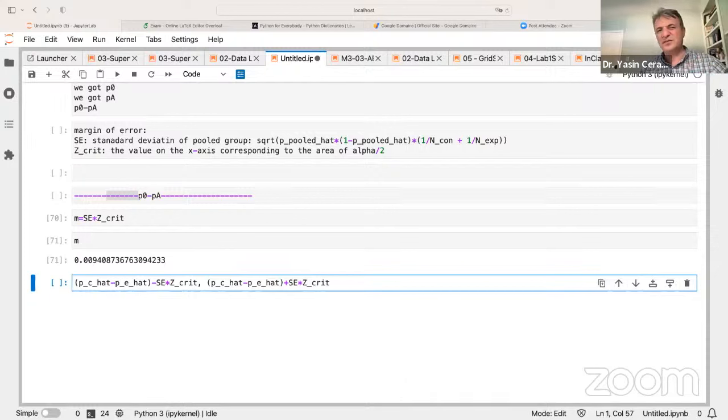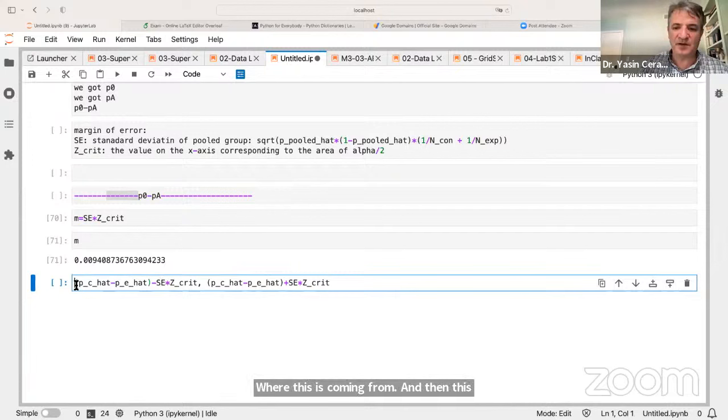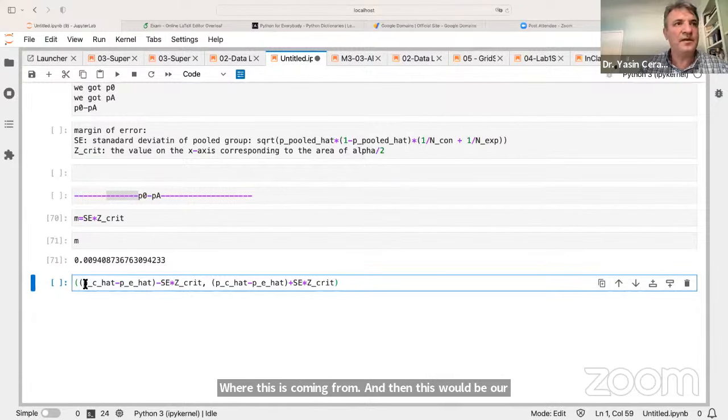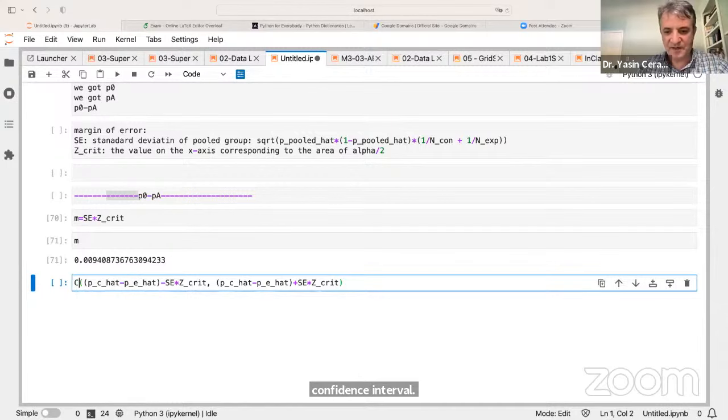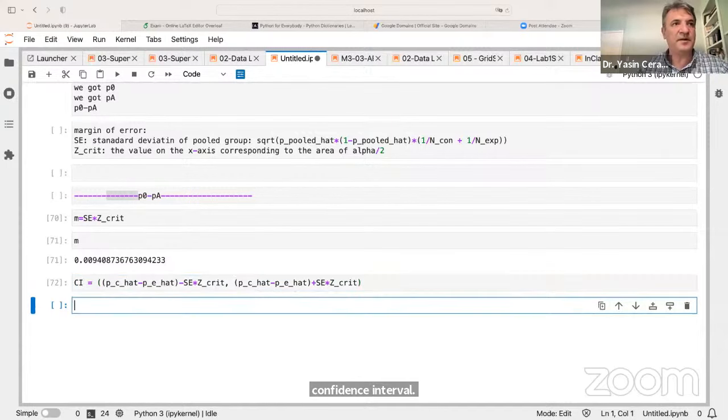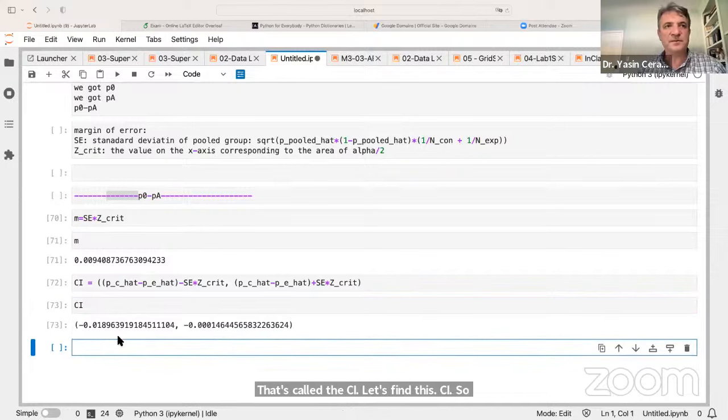This will be our confidence interval. Let's call this CI, and then let's find this CI value. This will be the confidence interval.